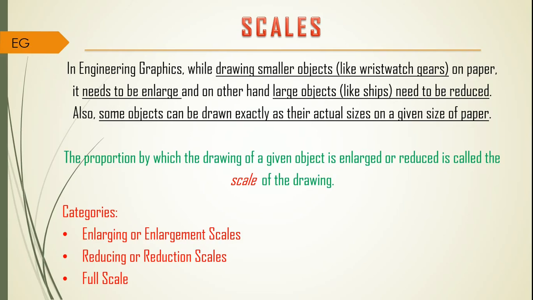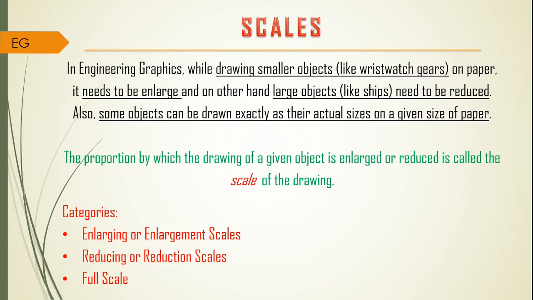So here we found there are three categories of scale. One is what? If we have to draw the smaller object, we go for enlarging of scale, which is to be called as enlargement scale. If we have to draw the larger object, a huge object on a paper, then we are going to reduce its dimension, and that is to be called as reduction scale.